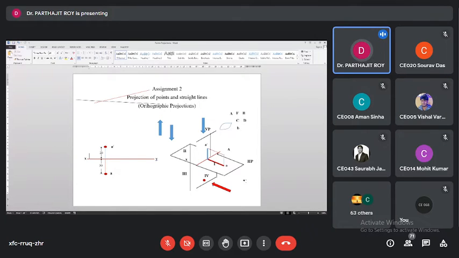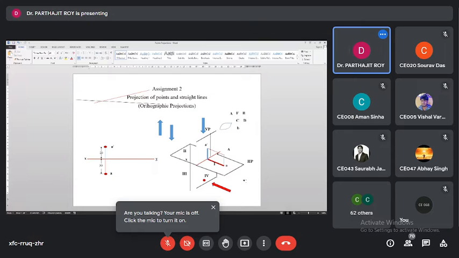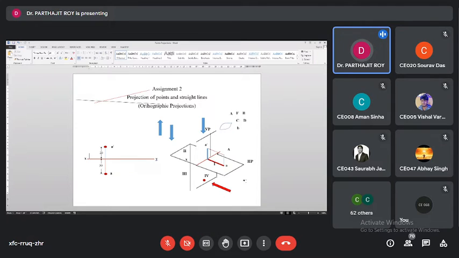So finally, we are summarizing. For the first angle position, the object is lying in front of the vertical plane, above the horizontal plane, and its top view will be below the XY line, the front view will be above the XY line. Okay. For the second angle projection, the object will be above the horizontal plane and behind the vertical plane, and both the front view and top view will be above the XY line.